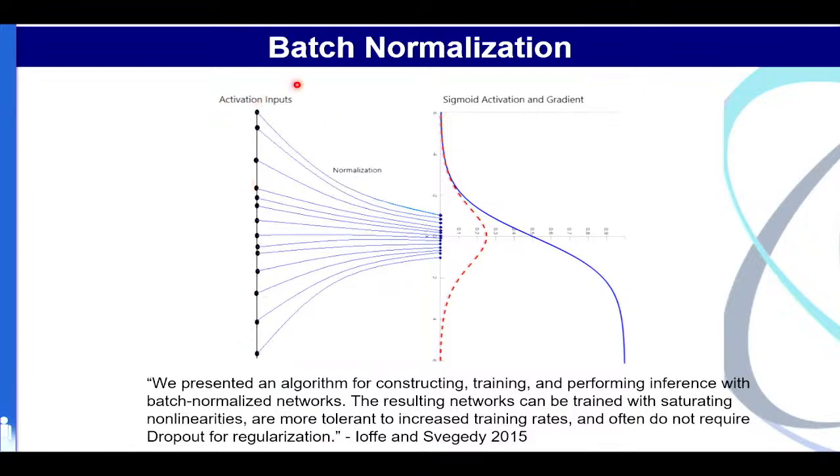So, imagine that the output of a layer is this one here. Okay? These are the points here. They are widely spread. If I put everything inside a sigmoid activation function, and here you can see the sigmoid function and its derivative. And why I am pointing towards the derivative is simple, because the training is done over the gradients.